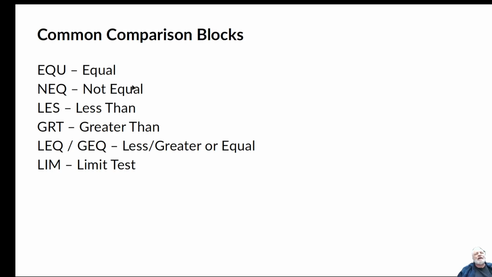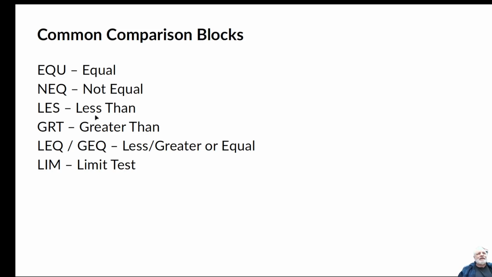Now be aware, if you have a floating point value, a real value with a decimal point, you almost never want to try to do an equal or not equal, because of round off and stuff, these are not valid. You'll almost never have a case where they are 100% equal, just because of rounding.